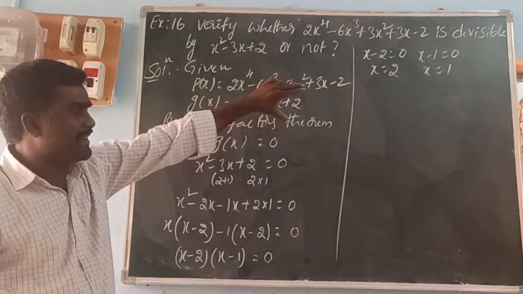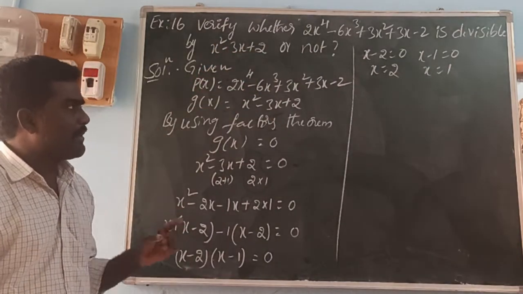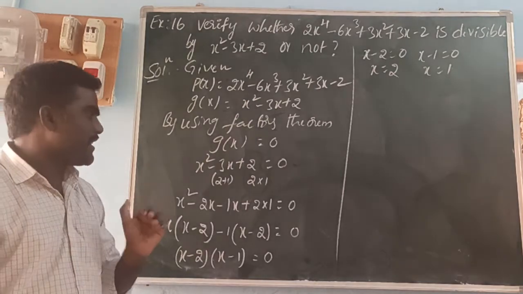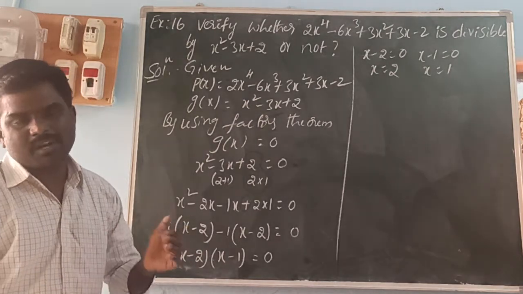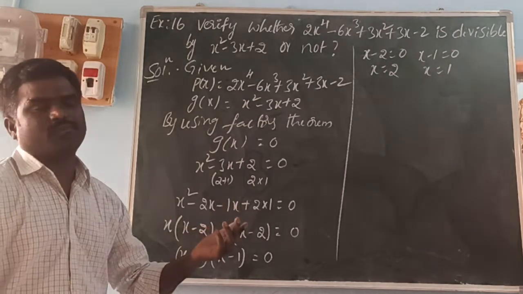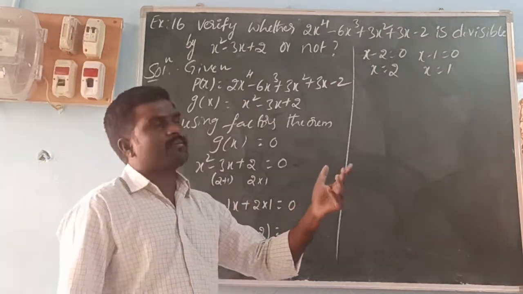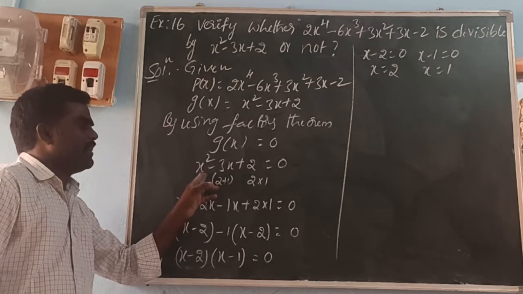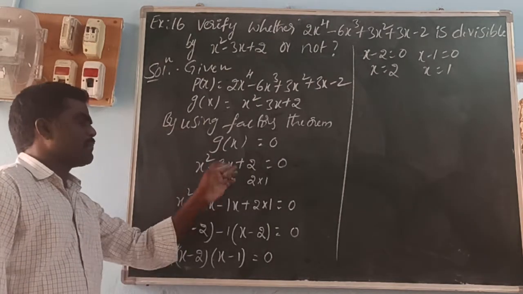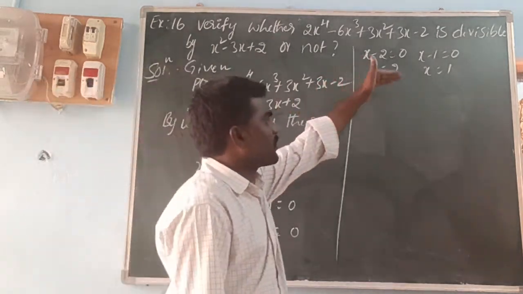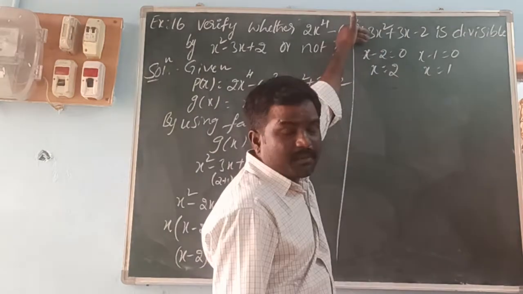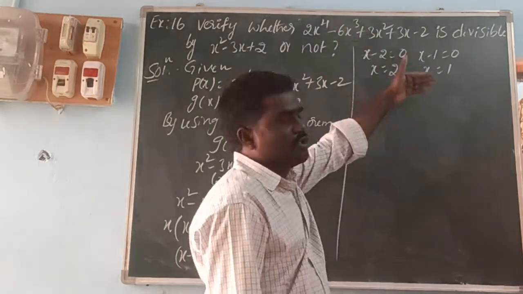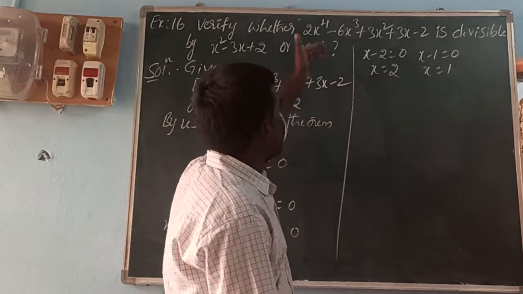Here we get 2 zeros: a linear polynomial has 1 zero, a quadratic has 2 zeros, a cubic has 3 zeros, a biquadratic has 4, and an nth degree polynomial has n zeros. The divisor is a quadratic polynomial, so it has 2 zeros. If we substitute them in the polynomial in place of x and get 0, then the divisor is a factor.